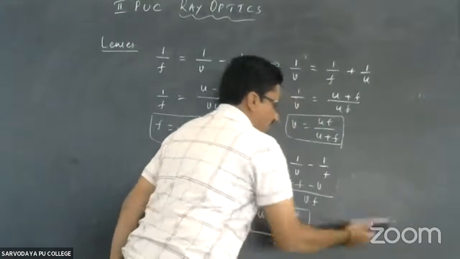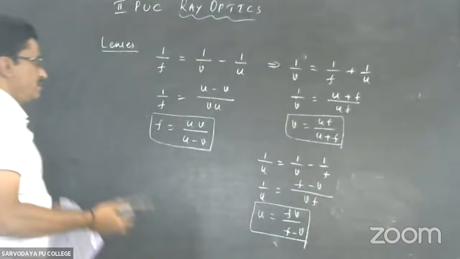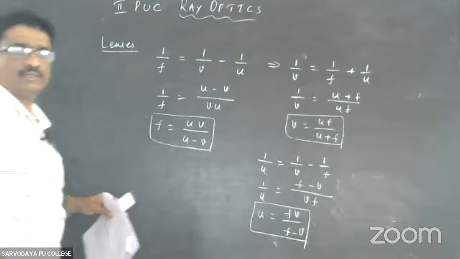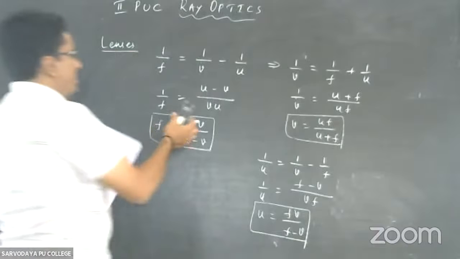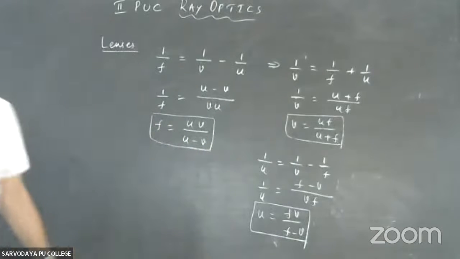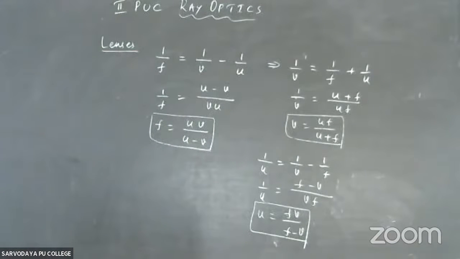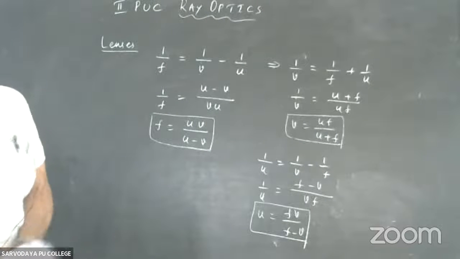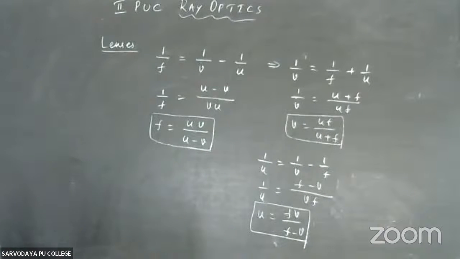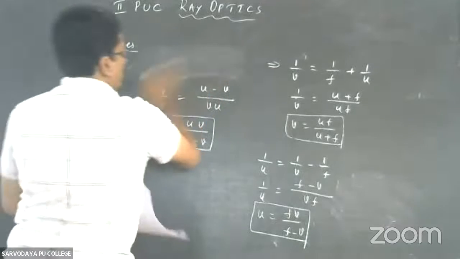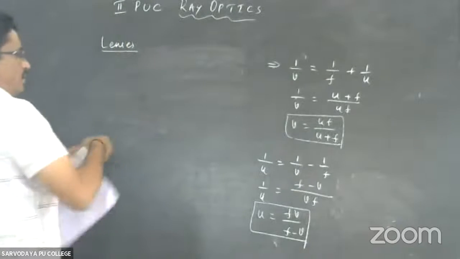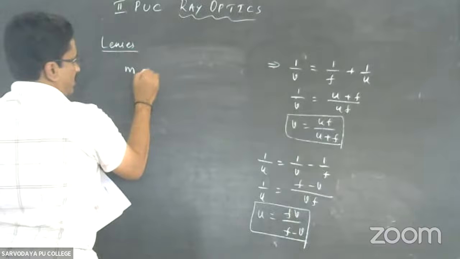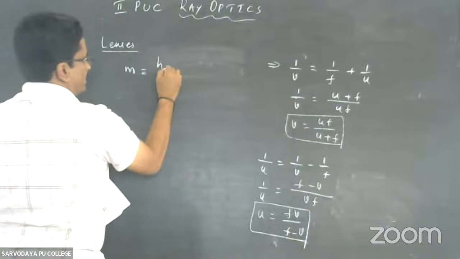After considering these 3 formulae, now let us consider the formula related to magnification. The general formula is hi by h.